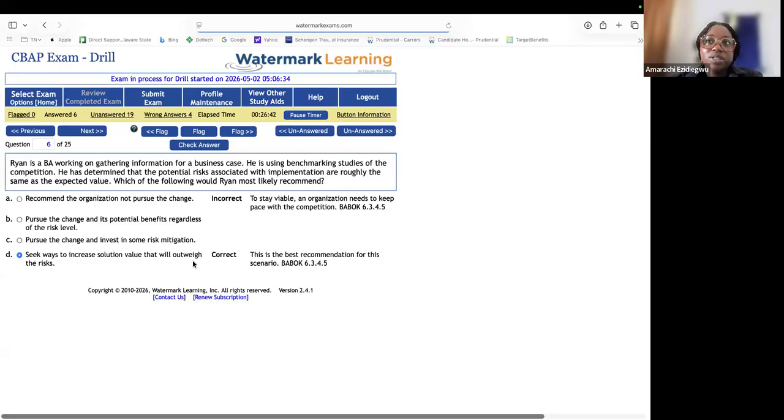Since we've come up to say this solution is the best solution for whatever issue we are handling, how can we increase the value of the solution itself so that it outweighs that of the risk? And in a situation where we've tried every possible way and we cannot come up with a better way to do that, then I think that's where C comes in.